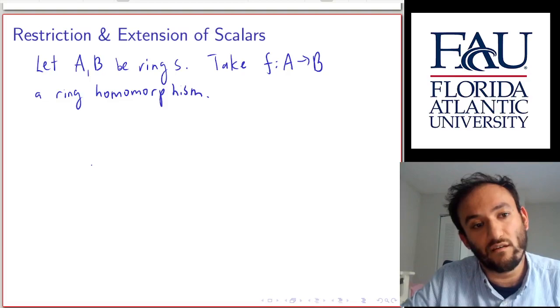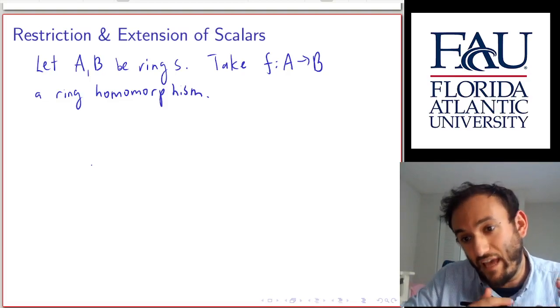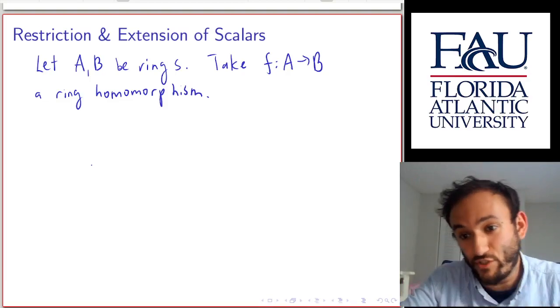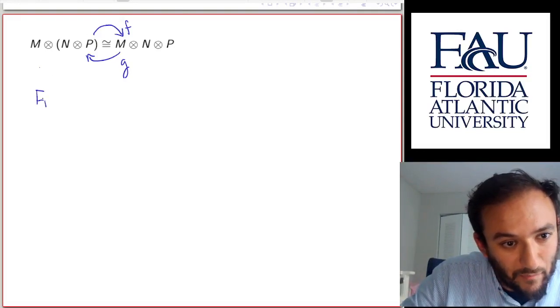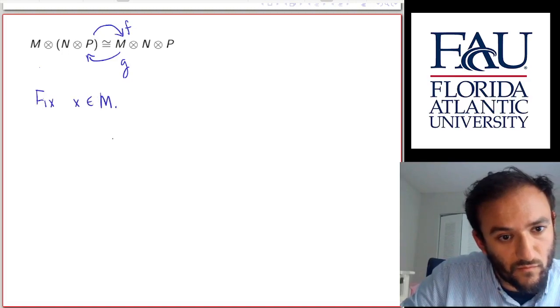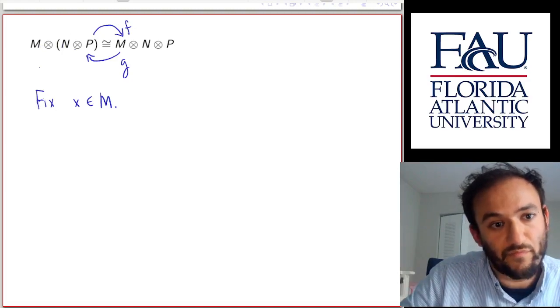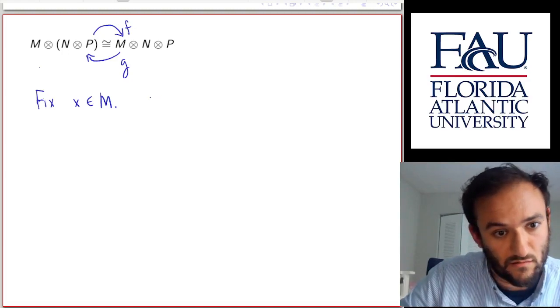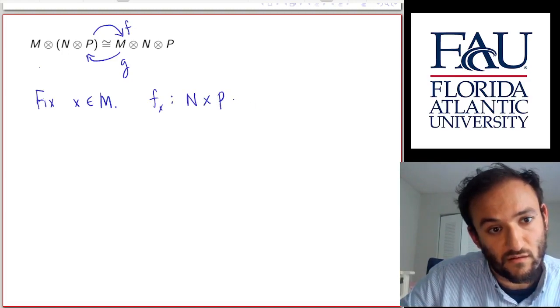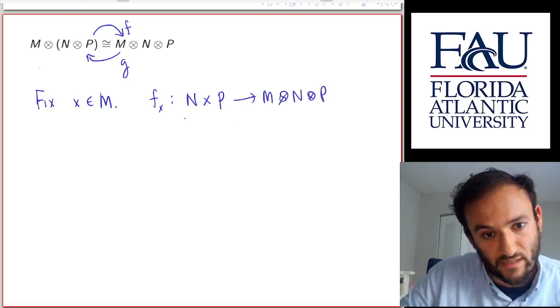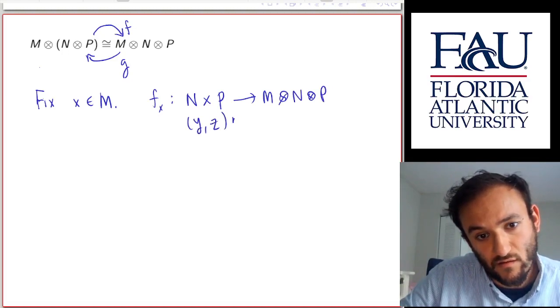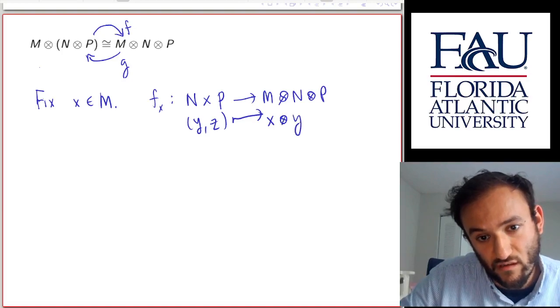So when we start in A, we extend to B, or when we start in B, we restrict to A. We're going to start by fixing an x in M, and we're going to define the map f_x from N cross P to M tensor N tensor P, sending y, z to x tensor y tensor z.